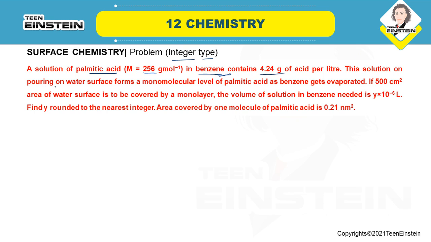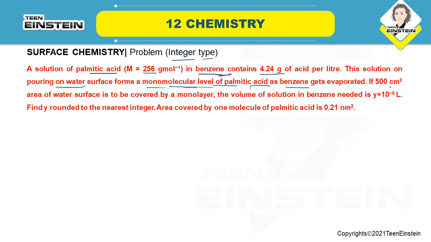This solution we are pouring on the water surface, and it forms a monomolecular layer of this acid. Monomolecular layer means only one layer of molecules is present. Now benzene, when it is evaporated, since its boiling point is not very high, then this surface layer is formed on the water.